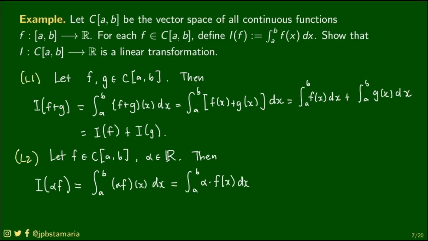Again, from calculus, we know that this is equal to alpha times the integral from a to b of f of x dx. Therefore, this equals alpha times I of f. Therefore, I is a linear transformation from C[a,b] to R.